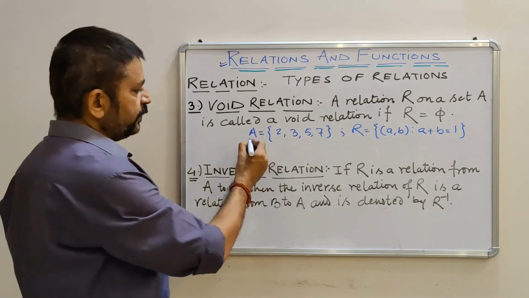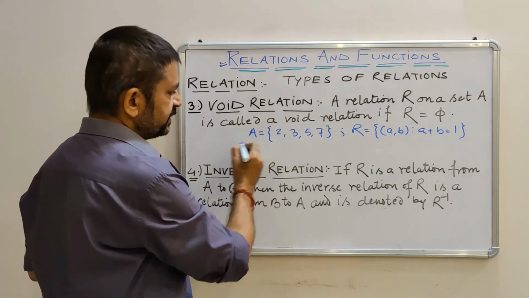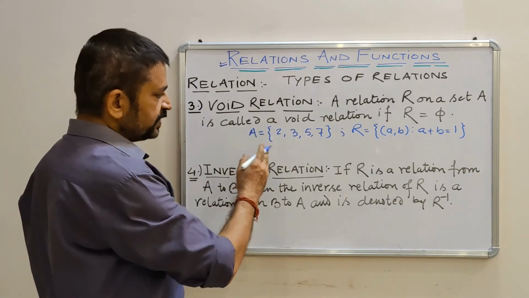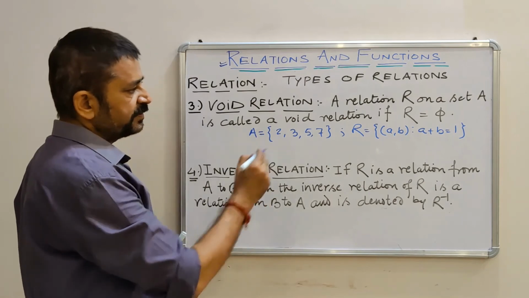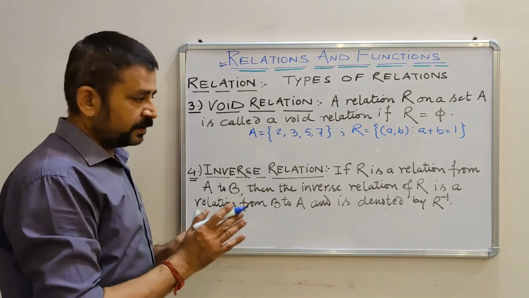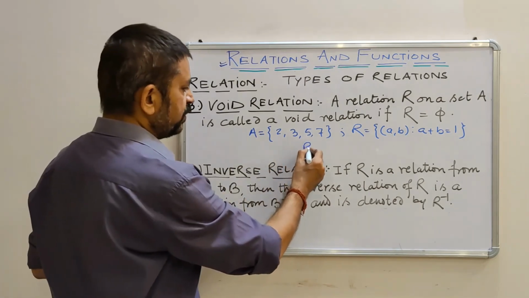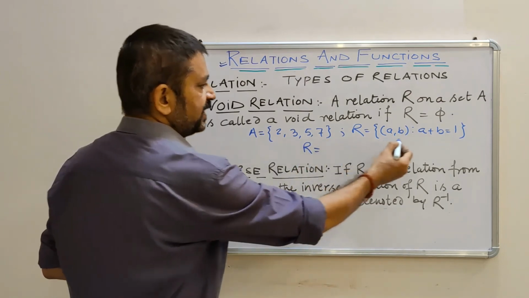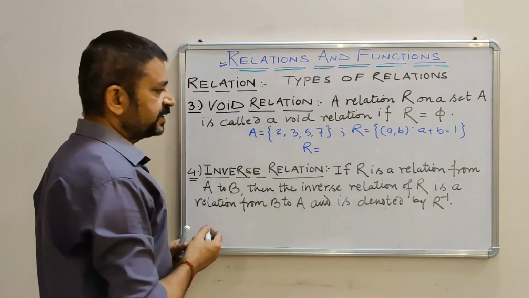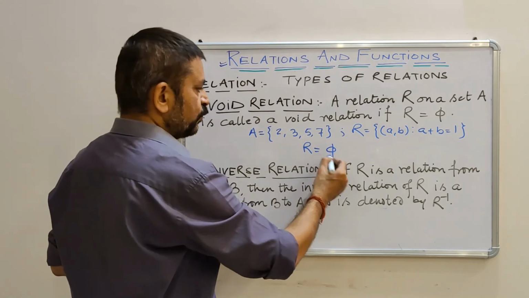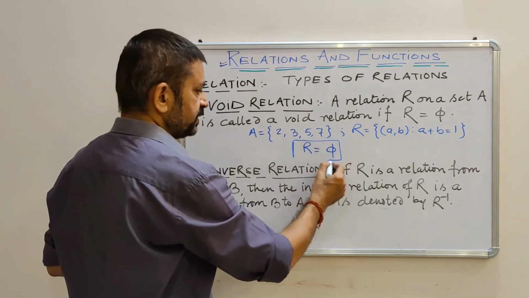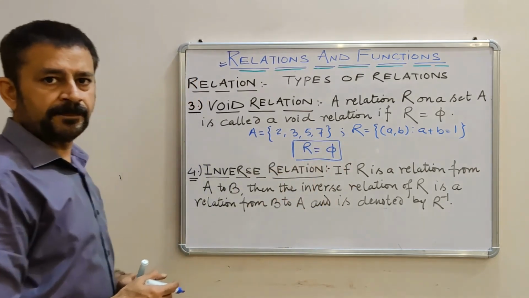Now if you look at all the elements of set A, there are no such elements present whose sum is 1, right? So it means we cannot form R as per this definition from this set A. So your R is a void set or null set, you can say R is equal to phi, right?